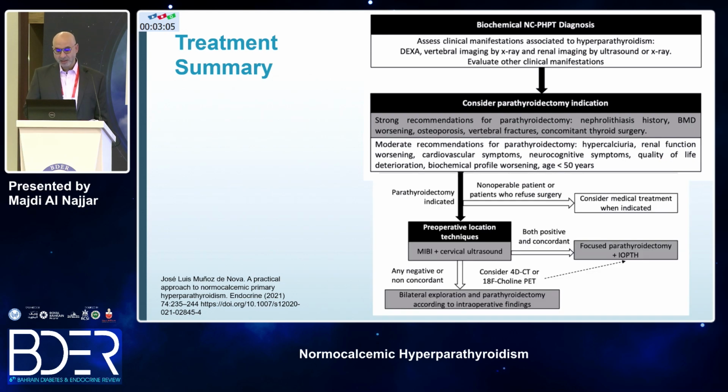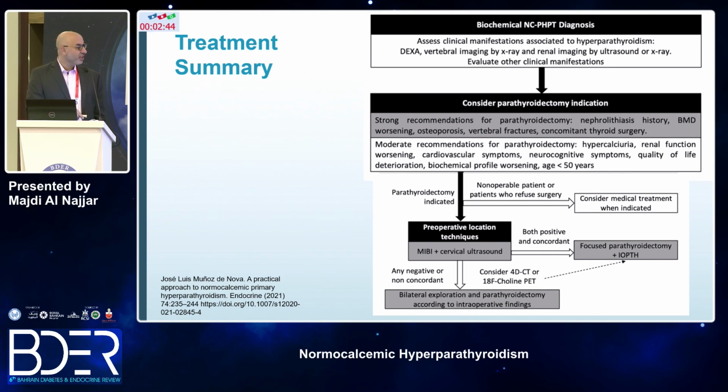In this case, we need to do at least 2 imaging studies. Typically, they prefer sestamibi scan and ultrasound. If both are positive and concordant, they locate the same place, the adenoma or the abnormality, then you can do a minimally invasive procedure with intraoperative parathyroid hormone level.